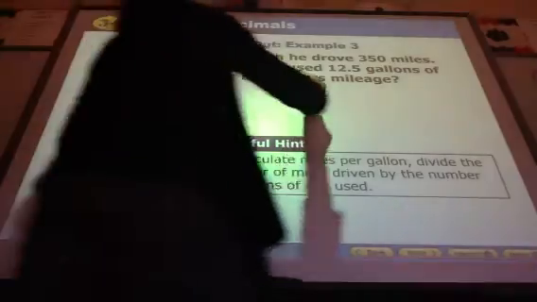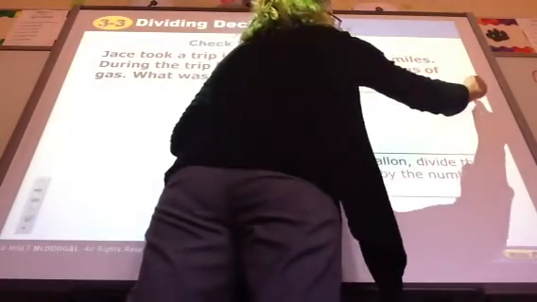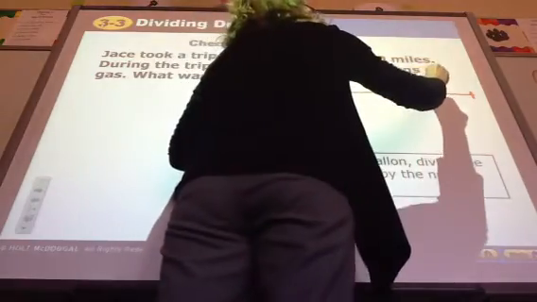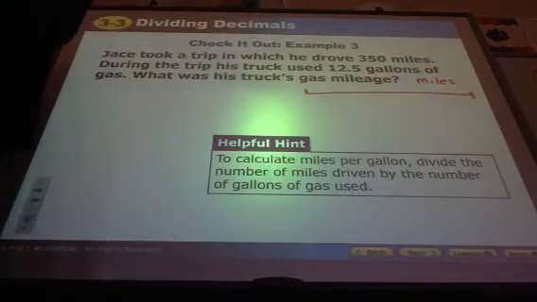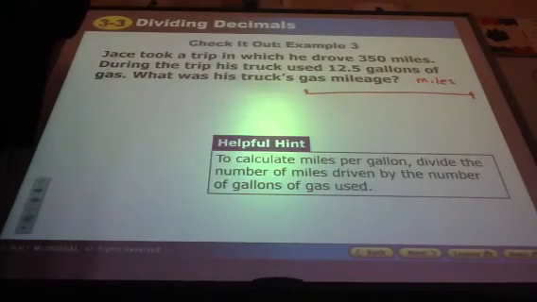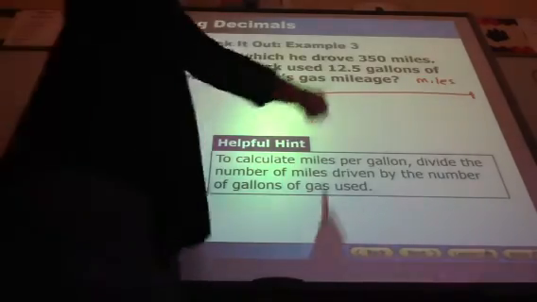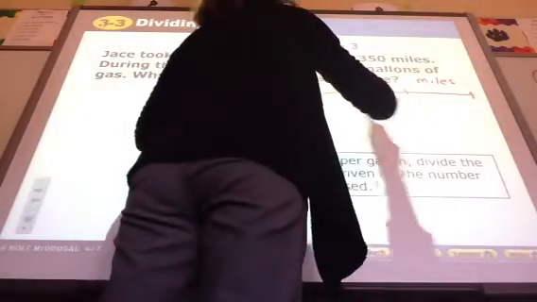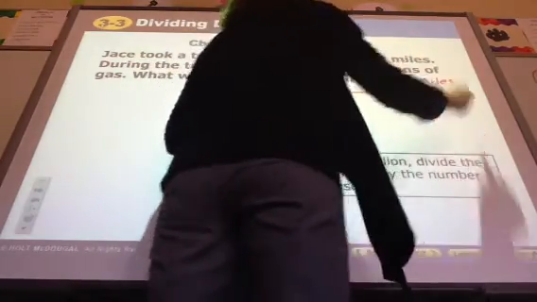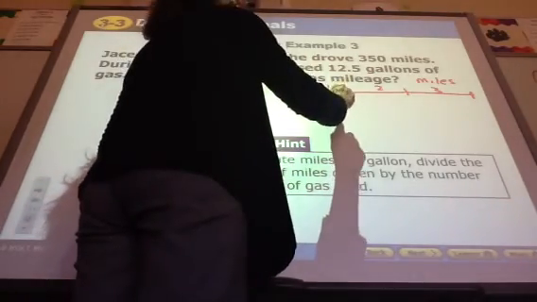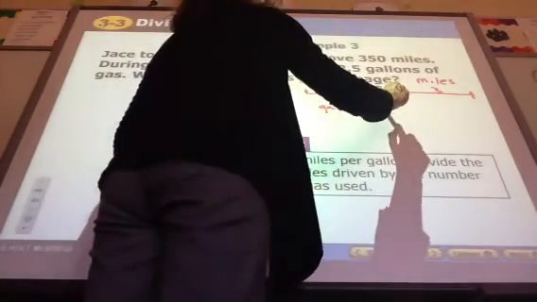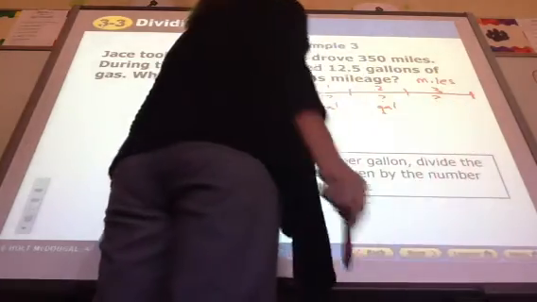And the way I like to think of that, okay, let's say this is the miles you drove, and we want to know the number of gallons we used each mile. So if we drove 3 miles, this would be 1, 2, 3, and we want to know how many gallons we used for this mile, how many gallons we used for this mile, how many gallons we used for this mile.